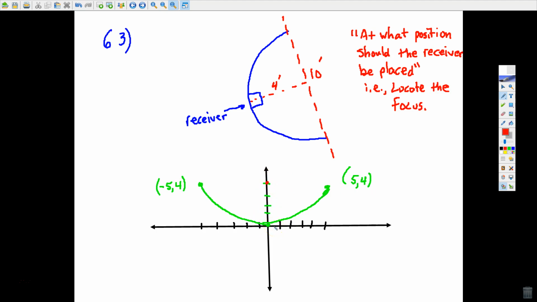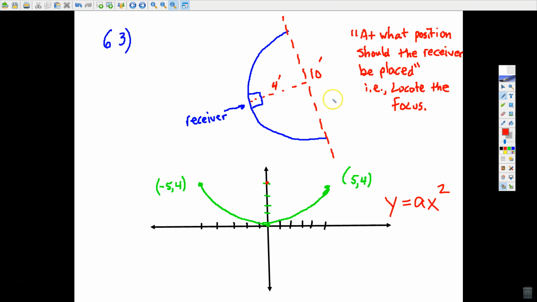Okay, so with the vertex at the origin, the equation that I'm going to start with is this one, because I'm dealing with a parabola that opens up, vertex at the origin, so this is kind of like my starting equation. And I'm going to try to find out what A is, because basically what this involves is what is the focus of this parabola.